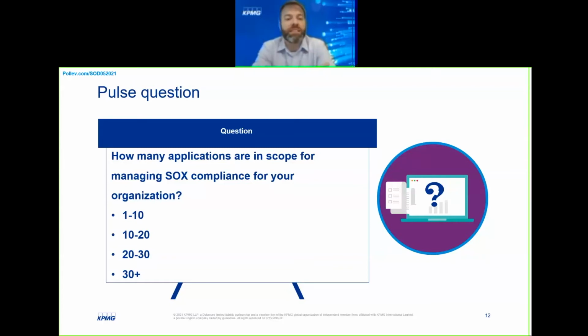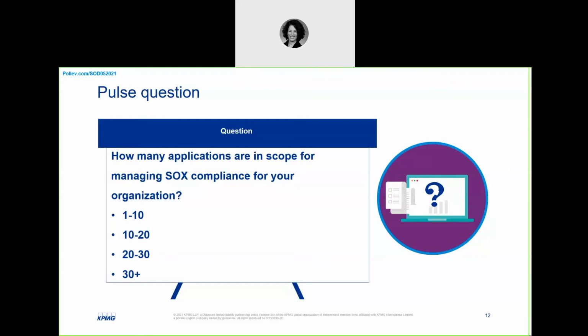Because what we're seeing is typically your SOX applications are in scope for SOD. And as we work through that, we are seeing that the overwhelming majority of our results that are coming in are, most people have more than 10 applications in scope for SOX, right?